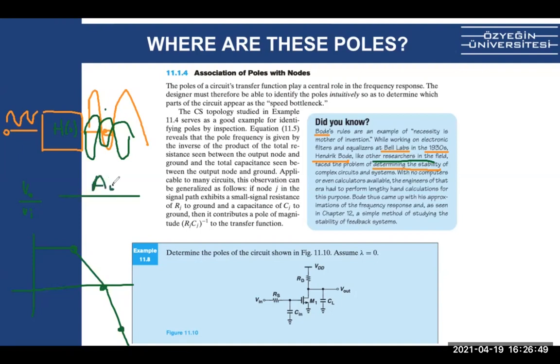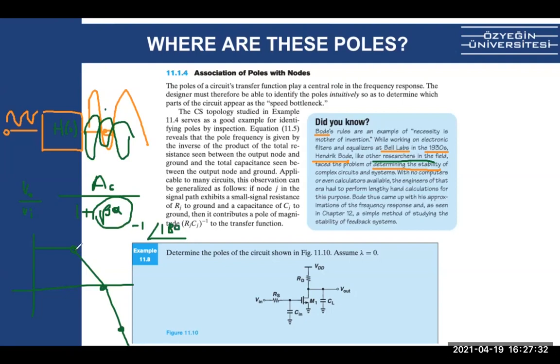Let's call it A. So 1 plus, for instance, let's call this feedback factor, 1 plus AB. So if this AB becomes -1, well, this circuit doesn't become stable anymore because the denominator is 0, right? And this -1 means phase of what? What is -1 in terms of phase? 180, I think. 180, right?